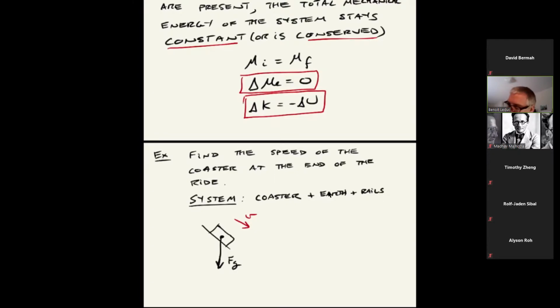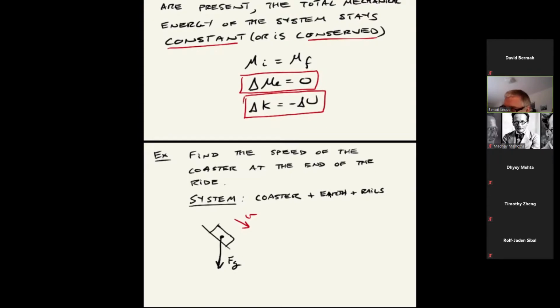Yeah, a normal force, right? There is a force exerted by the rails on the cart so as to keep the cart on the rails. You don't want the cart to go off the rail. So there's a force exerted by the rails that will be 90 degrees perpendicular to the rails. Since we're dealing with no friction, we're going to assume here there's no friction. So the only contact force from the rails is the normal force, right?